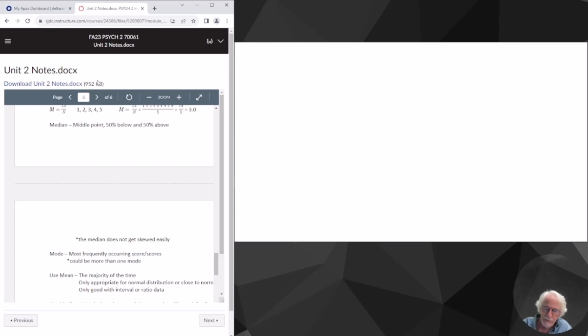So say we had our 1, 2, 3, 4, 5. The middle score in this case, when there's an odd number, it's very easy to fix. The middle score is the middle number. If it's an even number, it would be between 3 and 4, and in this case, it would be 3.50.